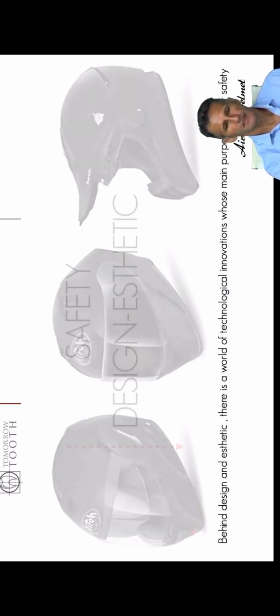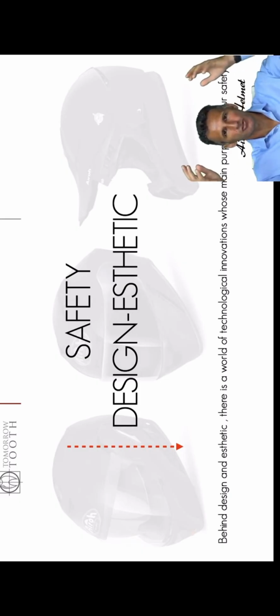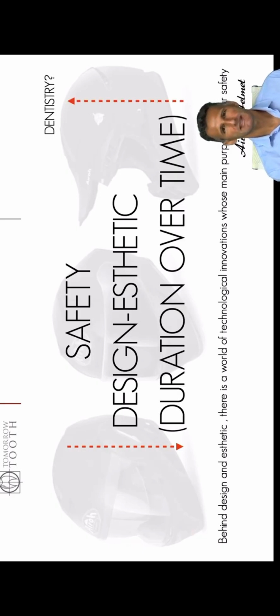So the most important part when designing a helmet, and the crown is a sort of aesthetic helmet for our teeth, is safety first. The second point is design and aesthetic. And about helmets, duration over time is just the last important point that they are going to develop.